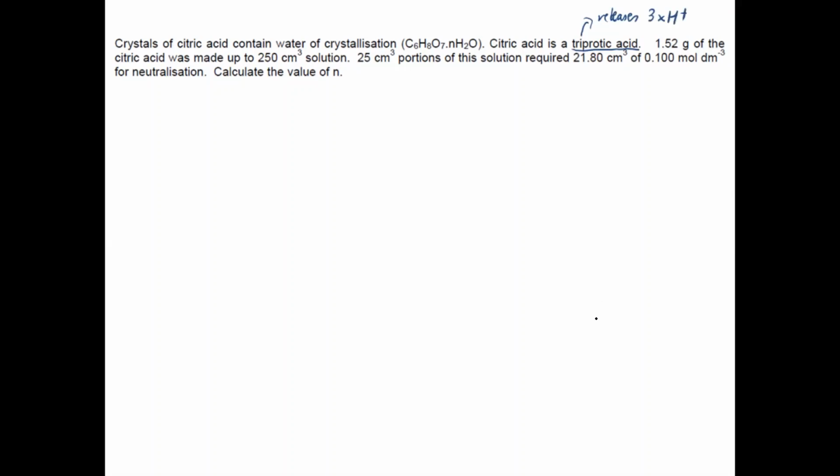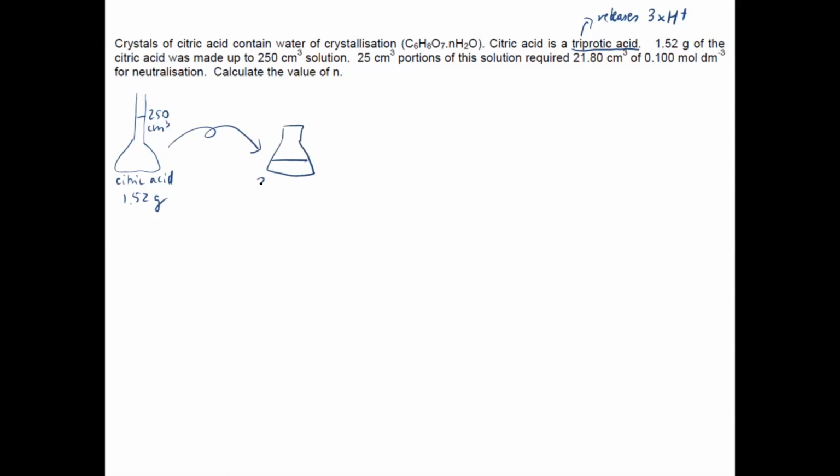So 1.52 gram of the citric acid was made up to 250 centimeter cubed of solution. What I like doing is visually drawing things for myself. I've got my citric acid, 250 centimeter cubed, and we have 1.52 gram of this. Then a 25 centimeter cubed portion of this went into my conical flask.